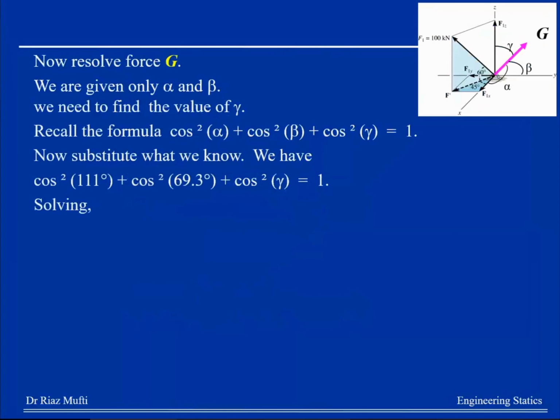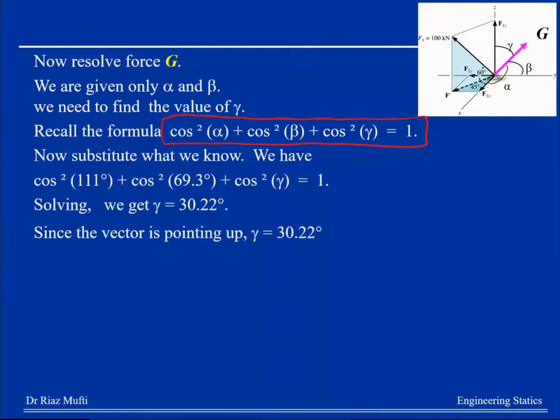I've got two angles given, but I need three angles to get the three components out. Alpha and beta are given, gamma is not given. I know the equation, I can easily get my value out.